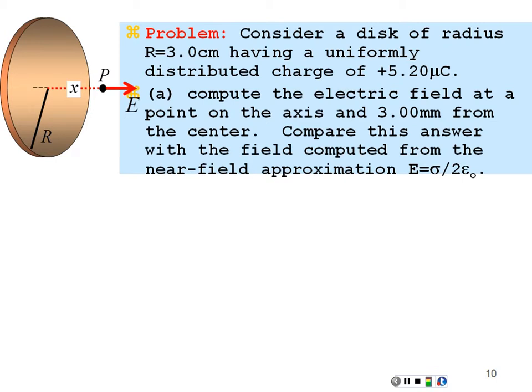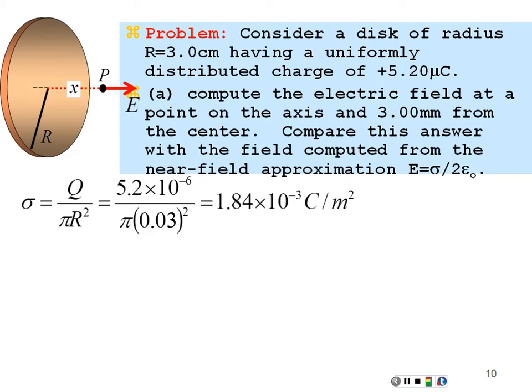Compare this answer with the field computed from the near field approximation that we just got, which is sigma over 2 epsilon naught. Well, our sigma in this case is going to be the total charge over the total area of this disk, q over pi r squared. 5.2 microcoulombs over pi times the radius of this disk, 3 centimeters squared, is 1.84 times 10 to the minus 3 coulombs per meter squared.